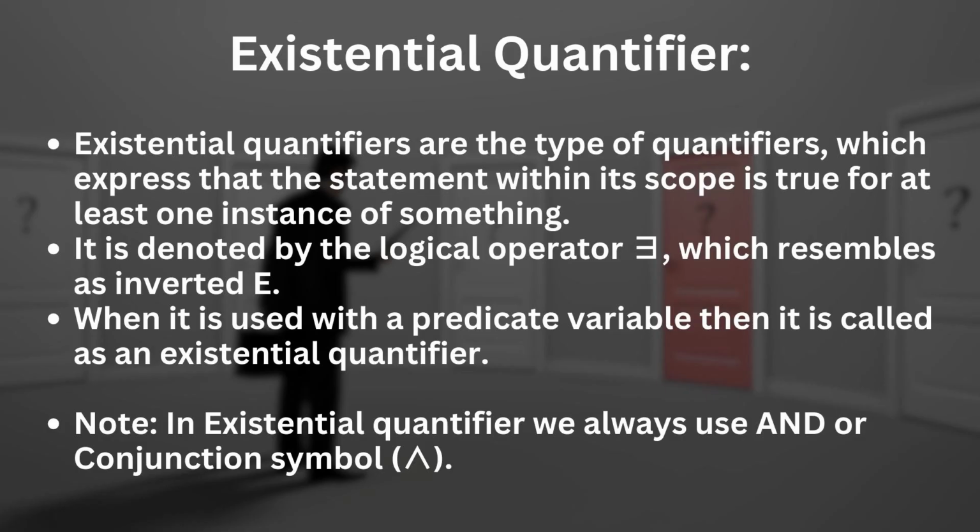Existential quantifiers are a type of quantifier in first order logic that indicate that the statement within their scope is true for at least one instance of a certain condition or property. These quantifiers are represented by the logical operator which resembles an inverted letter E. When used with a predicate variable, it is referred to as an existential quantifier.